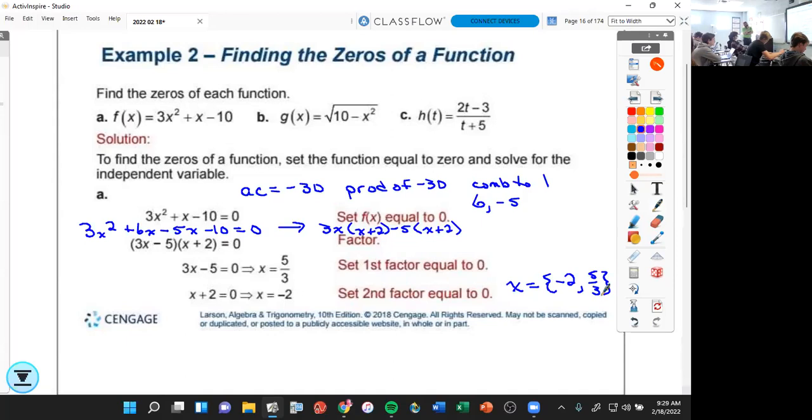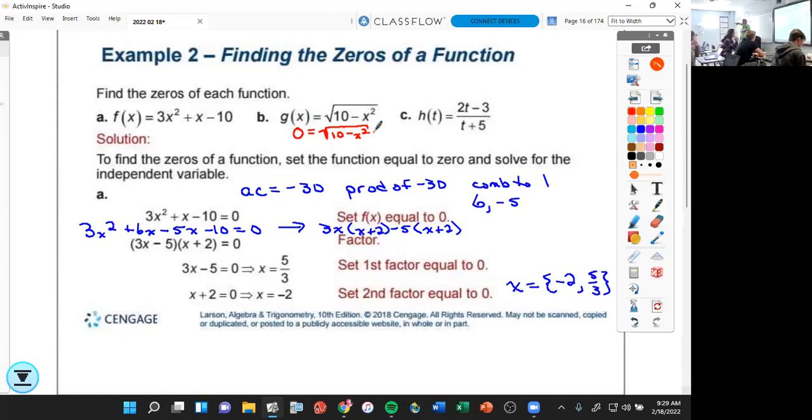Part B, how would you go about finding the zeros of that one? Make this a 0? Okay. We were doing another section. This is 2, 3.